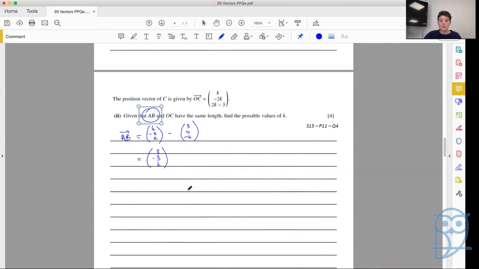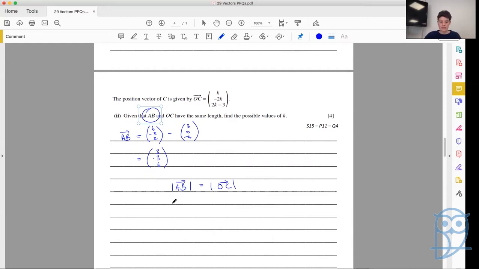Now we know they have the same length, so the magnitude of AB equals the magnitude of OC. At this stage, I'm not going to bother with square roots, because if I have square root equals square root, it's not going to work out as anything other than just squaring both of them.